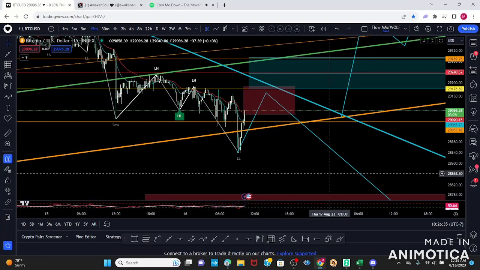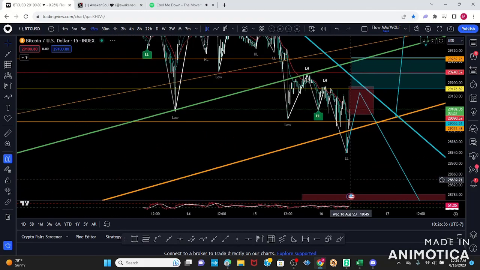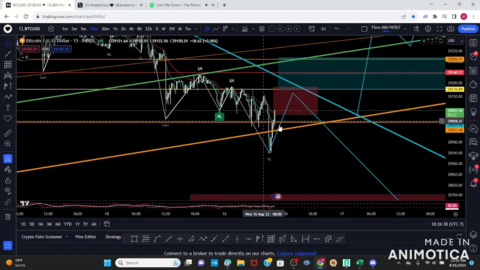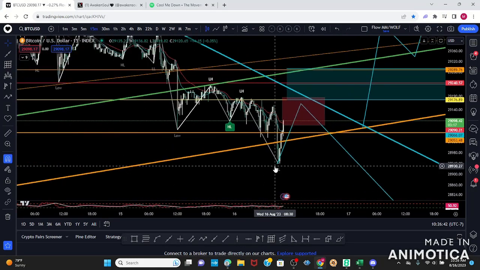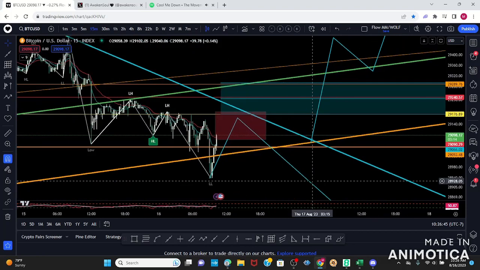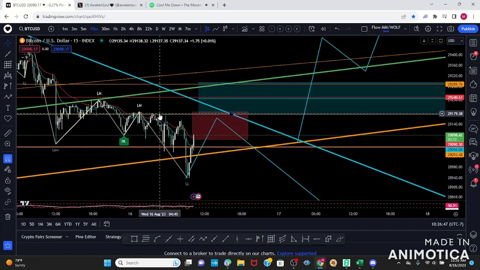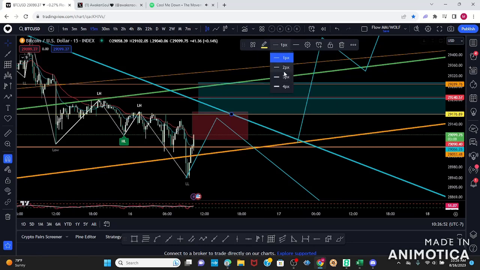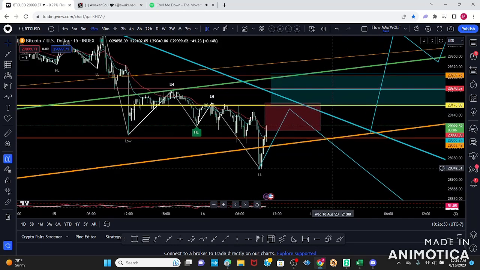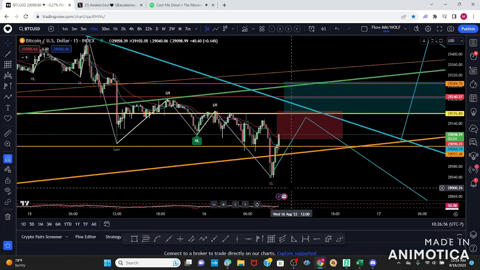So here we're in, so that's why I mark my ranges. Okay, so we just broke back above the weekly support. So it's understanding market structure. This is day resistance now, because price action is under, right?